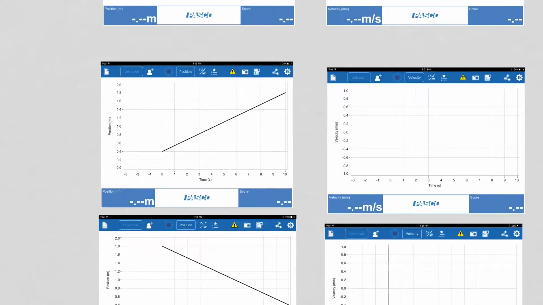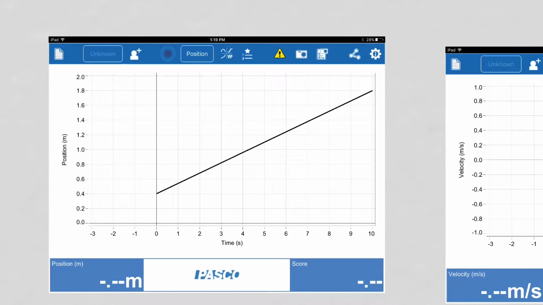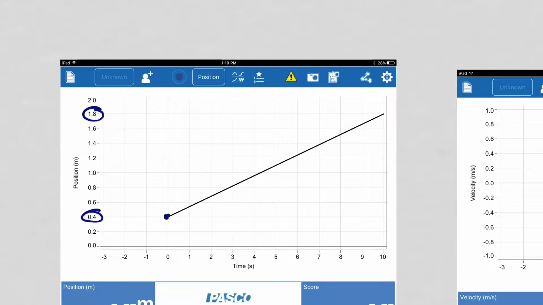Okay, moving on to something a little bit more complicated. Now, we have a delta y and a delta x. So in this graph, we start at 0.4 meters away from the motion detector, and then we move up to 1.8. So our delta y, our change in y, is equal to where we end, so 1.8 meters, minus 0.4 meters.